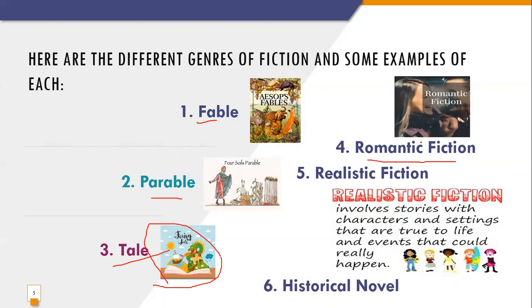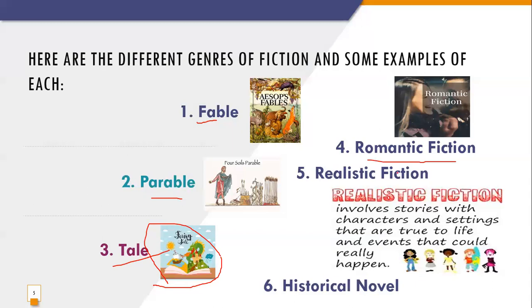So it's just like a romantic relationship of a boy and a girl, or maybe isang example nito guys is Jane Austen's Sense and Sensibility. So kung sino na dito nakabasa ng romantic fiction na to, this is an example of romantic fiction. So sa hindi pa nakabasa, pwede nyo rin i-download online. So this is entitled Sense and Sensibility, and the author is Jane Austen.